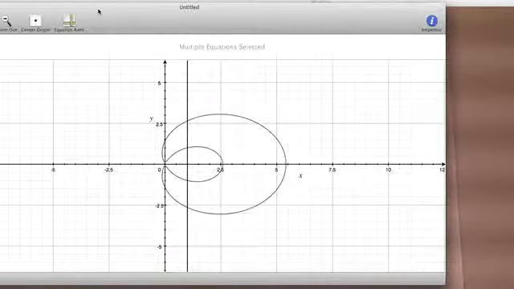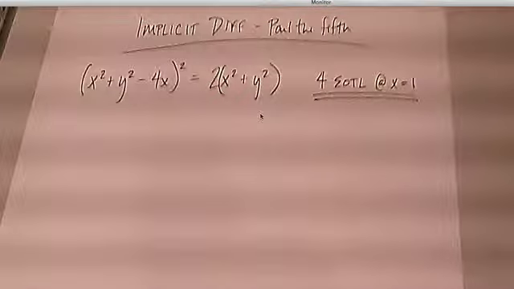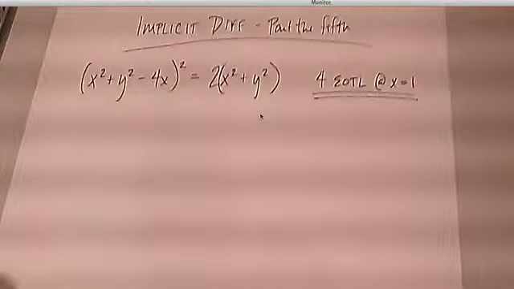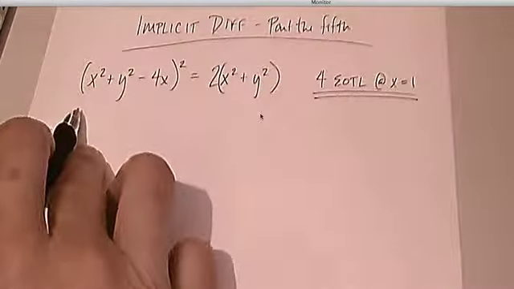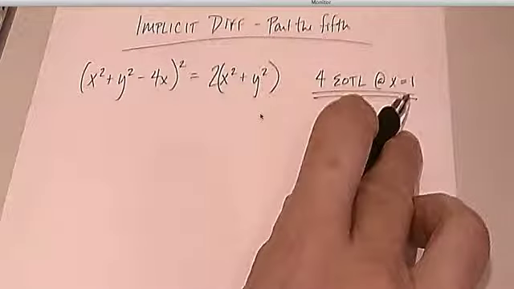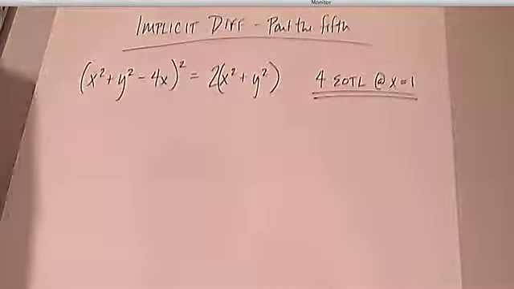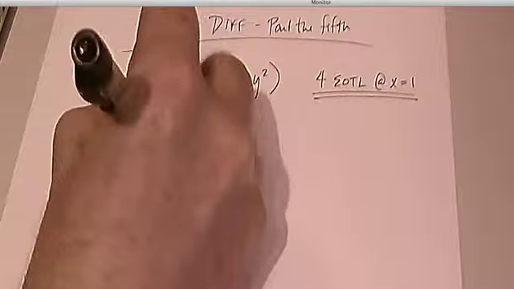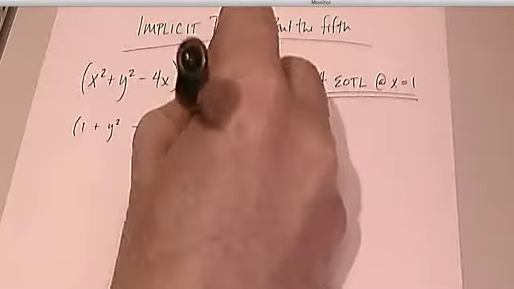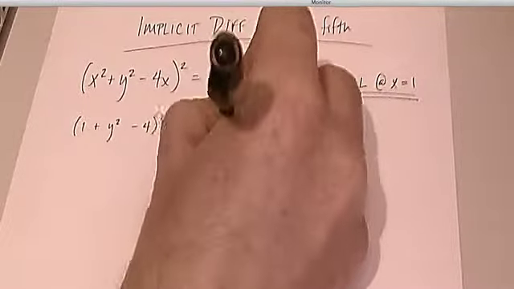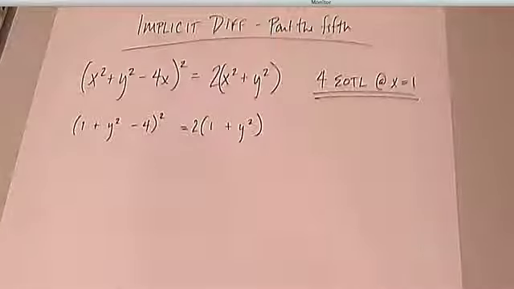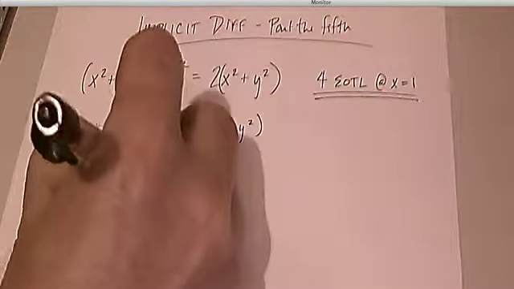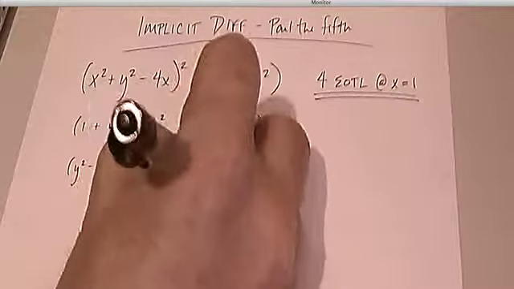Now, first of all, let's find the ordered pairs before we start differentiating anything, okay? If I want to find the ordered pairs that correspond to x equals 1, I simply have to plug in x equals 1. So I have (1 plus y squared minus 4) squared is equal to 2 times (1 plus y squared). And then I just need to solve for y. So this is (y squared minus 3) squared equals 2 plus 2y squared.